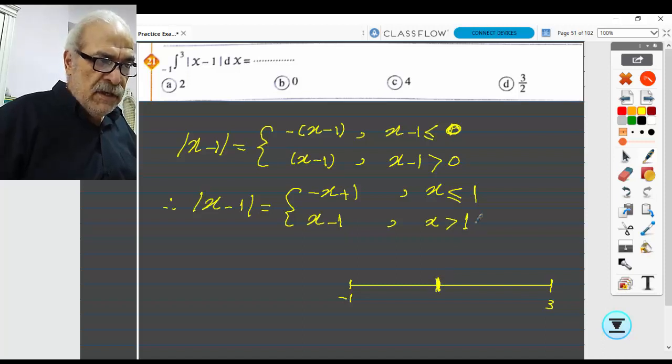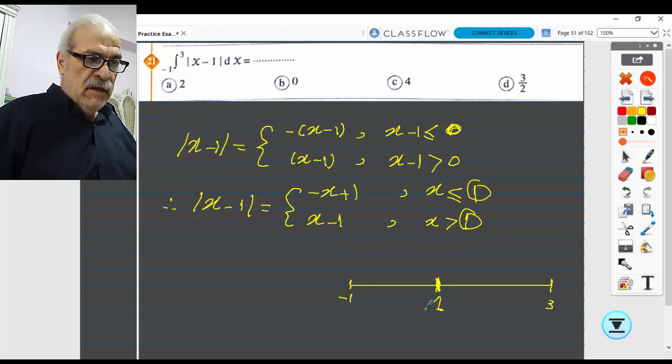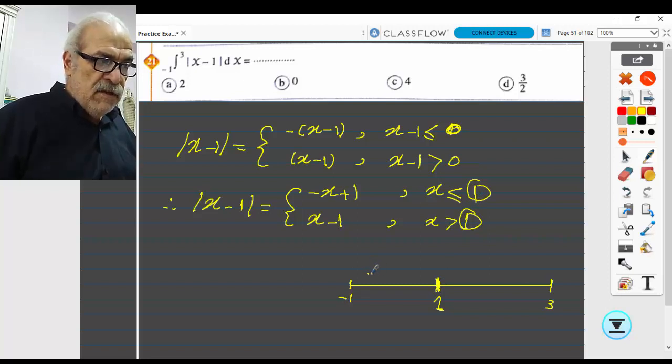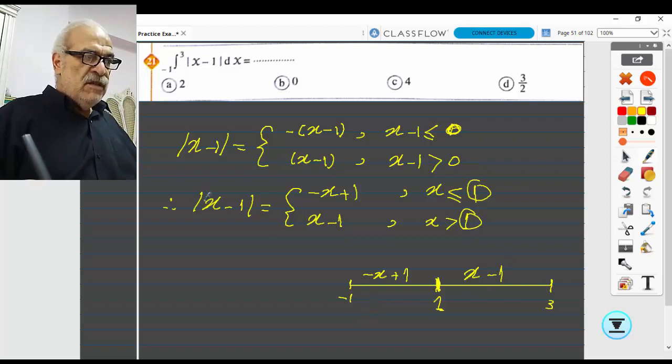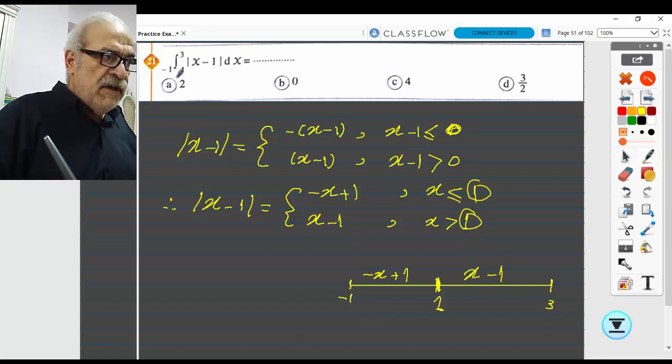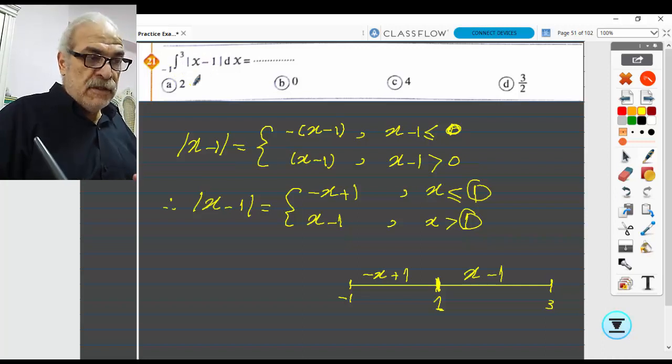So I write 1 here. In this part from negative 1 to 1, it is less than 1, so the function will be in the form negative x plus 1. And from 1 to 3, we have another definition, x minus 1. So we will divide this integration into two parts.